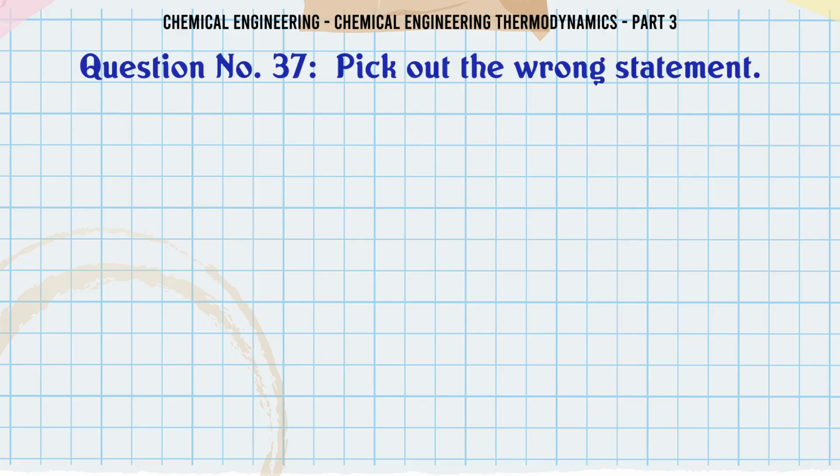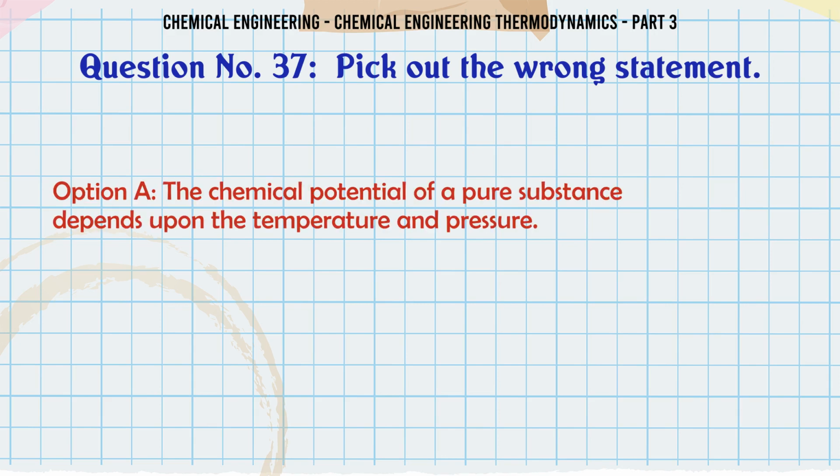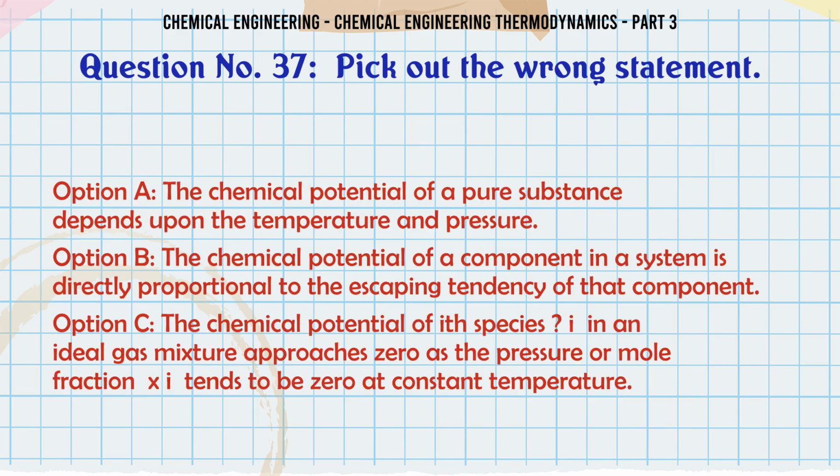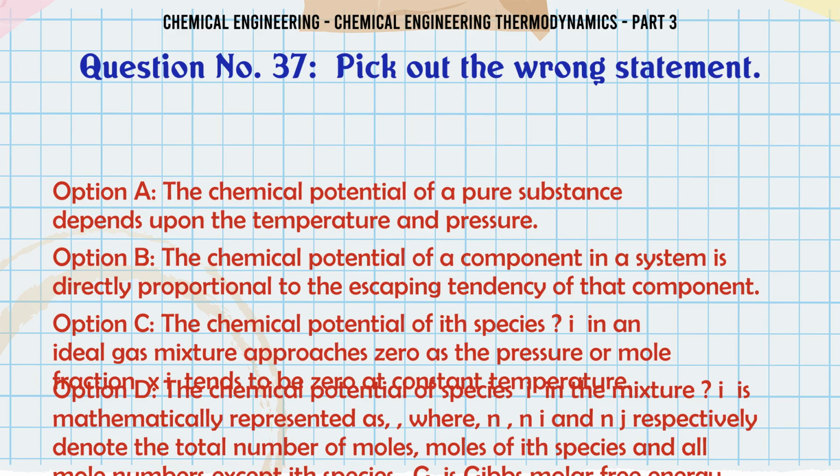Pick out the wrong statement. A. The chemical potential of a pure substance depends upon the temperature and pressure. B. The chemical potential of a component in a system is directly proportional to the escaping tendency of that component. C. The chemical potential of species i in an ideal gas mixture approaches 0 as the pressure or mole fraction Xi tends to be 0 at constant temperature.